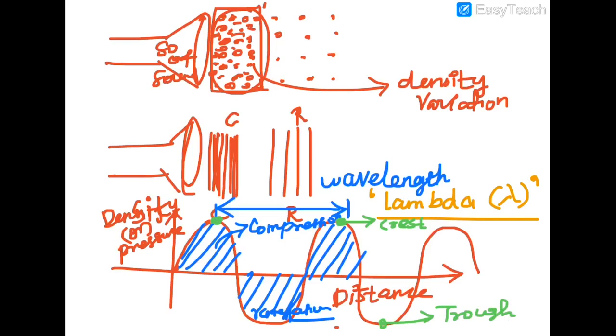So this is called crest and trough. This horizontal line is called the average, so average pressure or average density. This is the graph between density and distance.